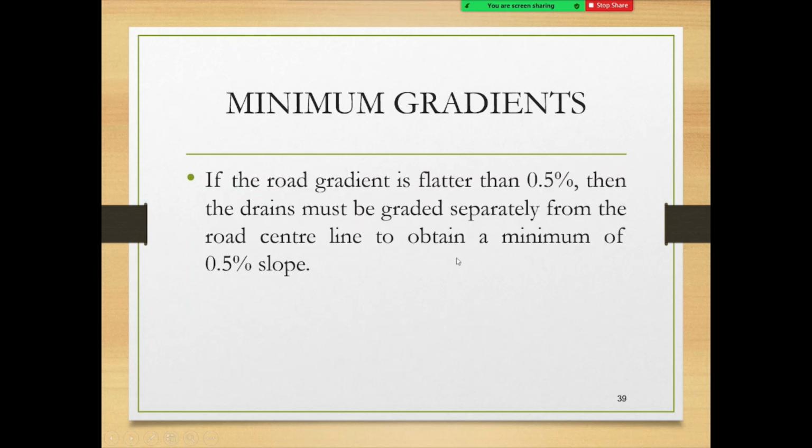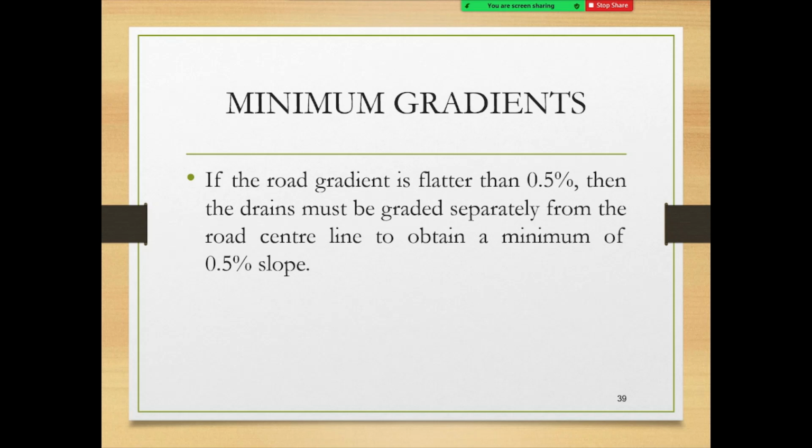So the minimum gradients: if the road gradient is flatter than 0.5%, then the drains must be graded separately from the road center line to obtain a minimum of 0.5% slope. So that means if the road gradient is flatter than 0.5%, just think that it is say 0.3% or 0.2% or whatever, that is also something we do not allow.